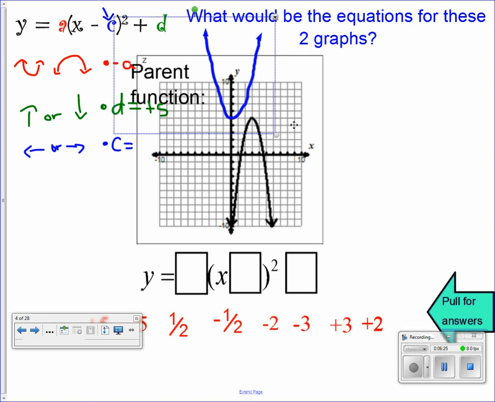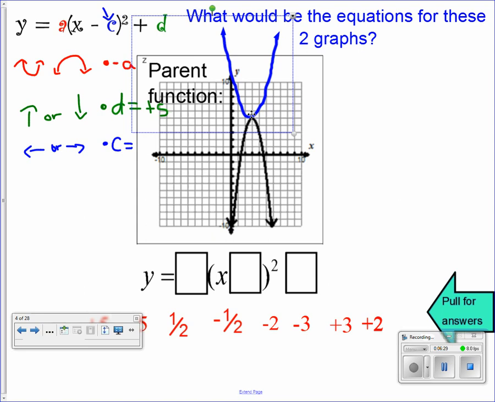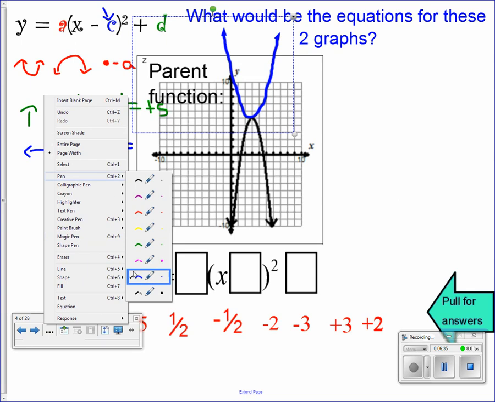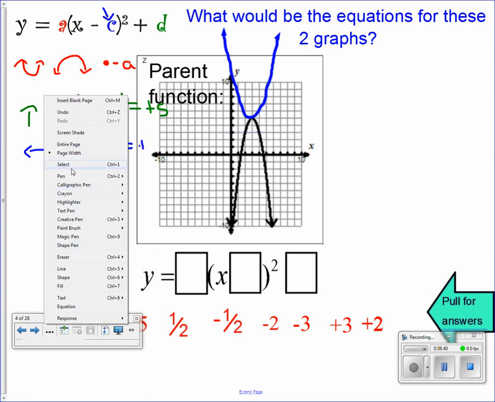And by how much? We moved right by 1, 2, 3. So then my c value would be a positive, I'm sorry, let me erase.